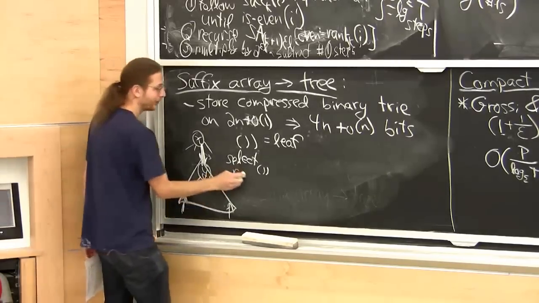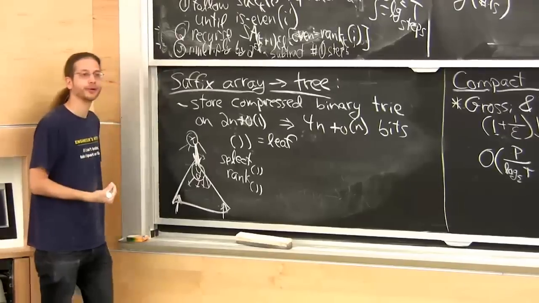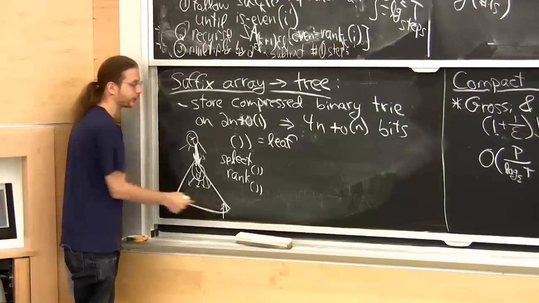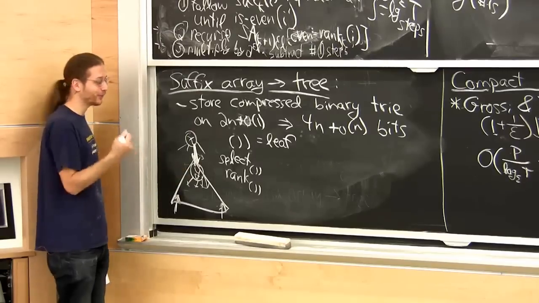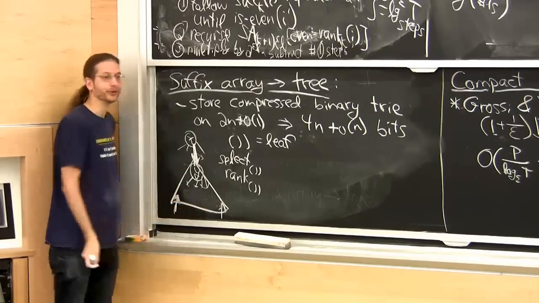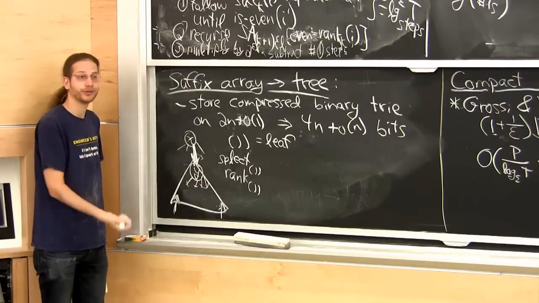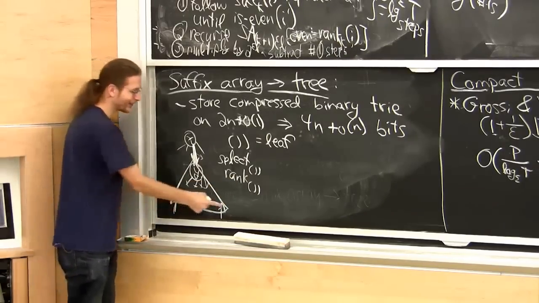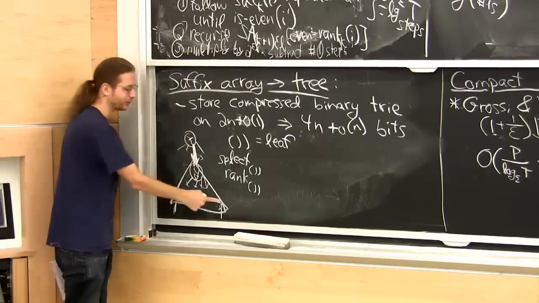Using rank of this thing, I can identify the leaf number. So I can identify where these leaves are. Then now I have a suffix array. If I look up the suffix array of these two leaf numbers, remember leaves are ordered by suffix in sorted order by suffix array. So these are really indices into the suffix array. They're giving me, oh, this is the I suffix, this is the J suffix.